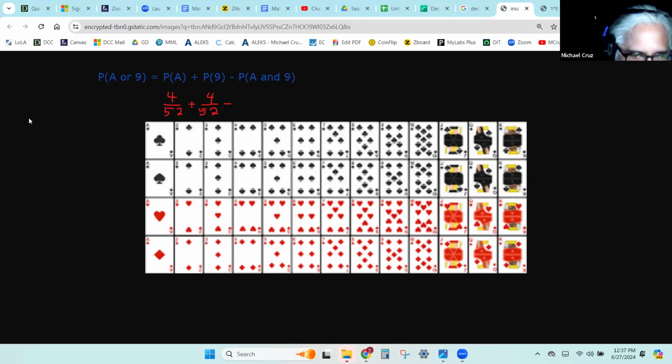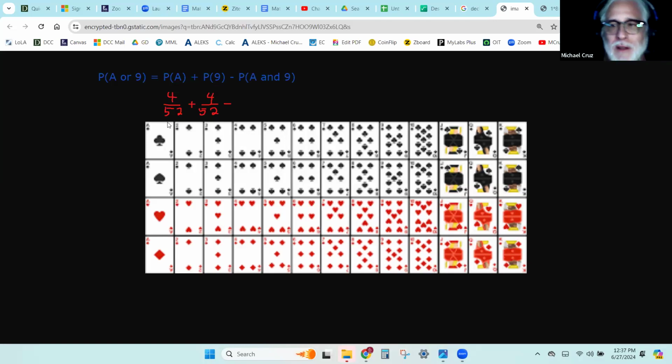It's not. It's ace or 9. Are there any cards that are both aces and 9s? The 9s are here, and the aces over here. Are there any that have both 9 and ace on them? I don't see it.